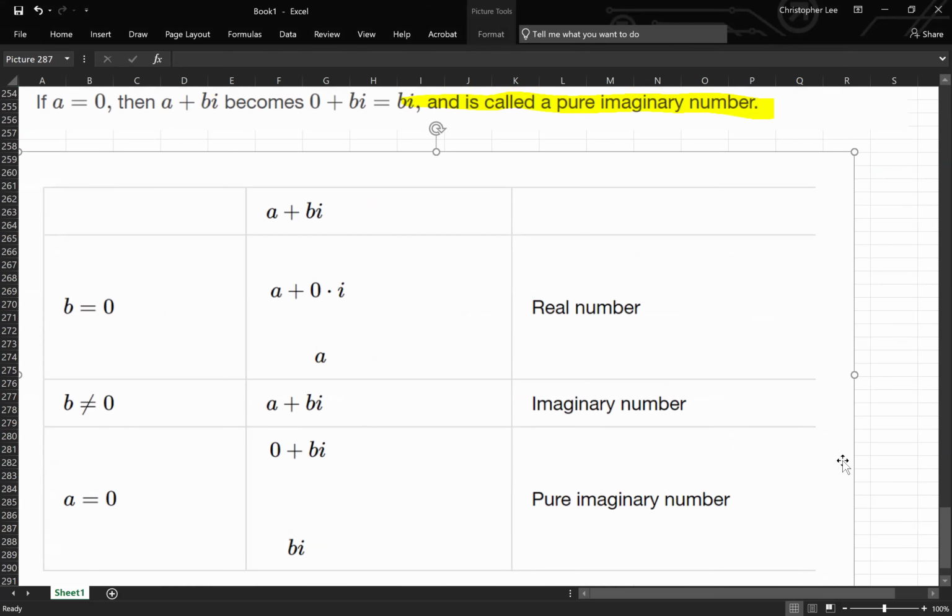When you have a plus bi, that's our standard form for a complex number. When b is equal to 0, it becomes a plus 0 times i, which is just a, and that is a real number. When b does not equal 0, then a plus bi is an imaginary number. And when a is equal to 0, then 0 plus bi, just the plain bi, is called a pure imaginary number. Make sense? Just building the vocabulary, that's all.